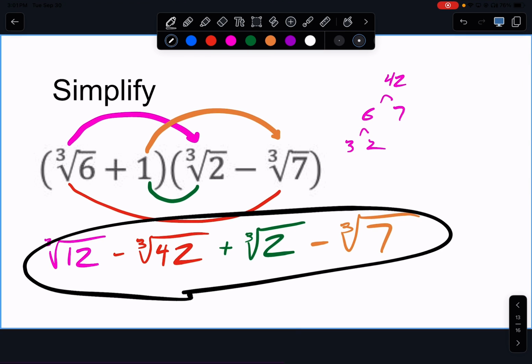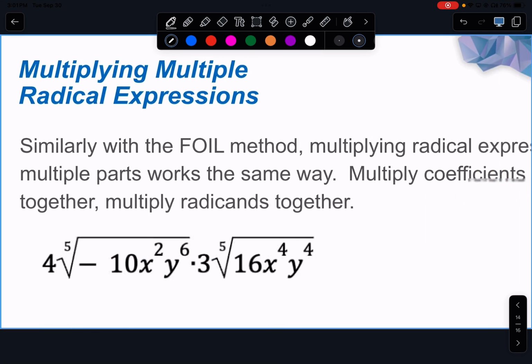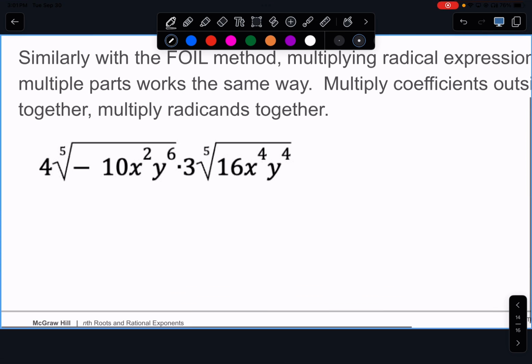Okay, so that's using the FOIL method. The last thing we're going to do is multiply. This is not the FOIL. We're going to multiply 3 and 4.